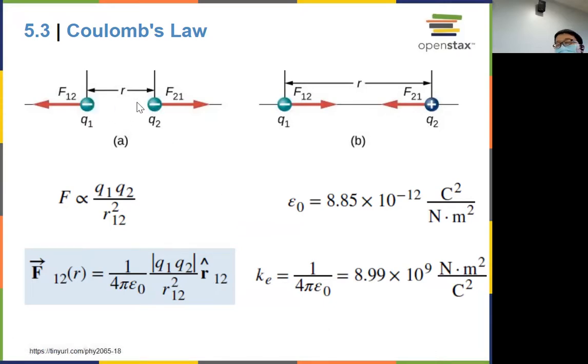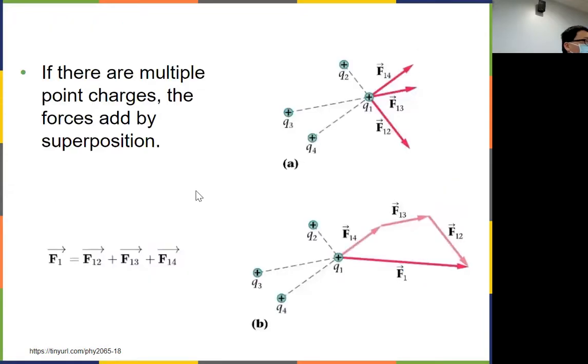Depending on whether they are like charges or opposite charges, you can determine if the force is repulsive or attractive. If you have more than two charges in space, the force on any given charge is the summation of the electric forces by the other charges. That summation should be a vector summation.